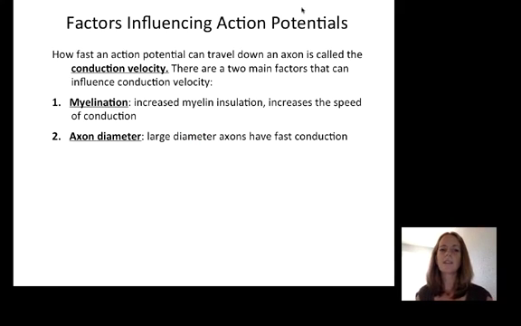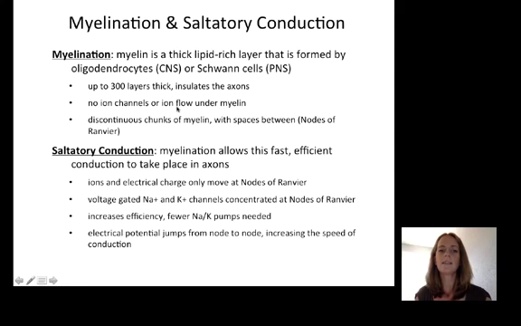The last two factors influencing action potential conduction are myelination, which you guys can think of as insulation on the wire, and the size of the axon. So myelin is a thick, lipid-rich layer formed by glial cells called oligodendrocytes, which are in the central nervous system, or Schwann cells, which are in the peripheral nervous system.